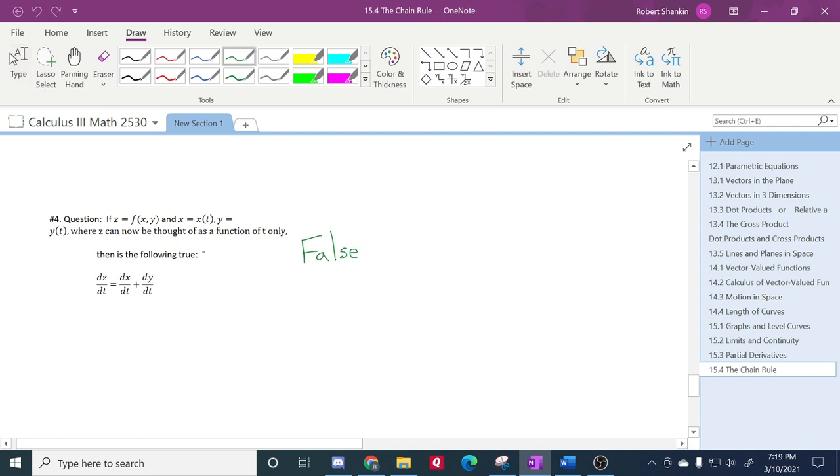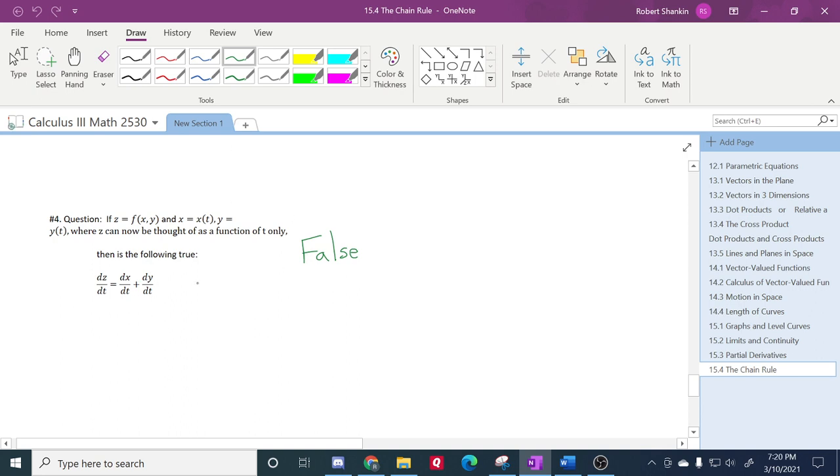I think I'd feel, if this is the first time I was seeing this, there's got to be some kind of relationship like this. But typically in the chain rule, there are things that would cancel out that are multiplied together, and I'm not seeing that over here.